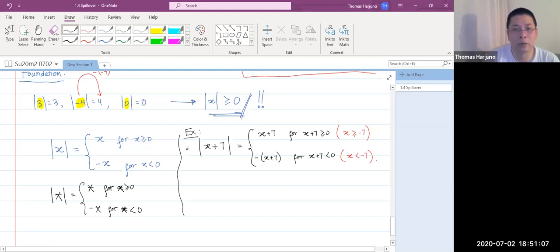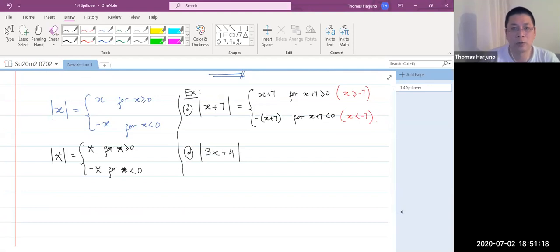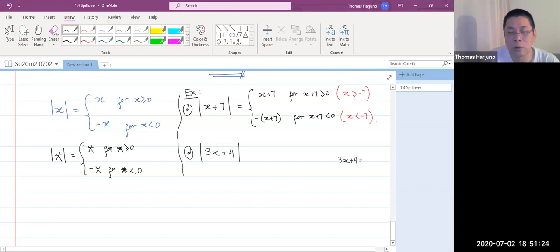Okay, let's do one more example. Suppose I have absolute value of 3x plus 4. You see that 3x plus 4 equals 0 when x is negative 4/3, right? So absolute value of 3x plus 4 will be 3x plus 4 itself for x greater than or equal to negative 4/3.